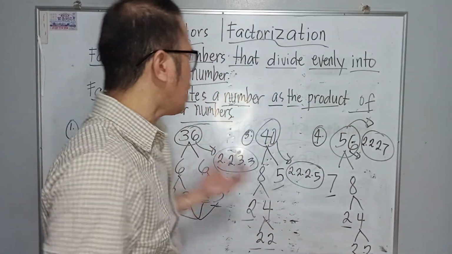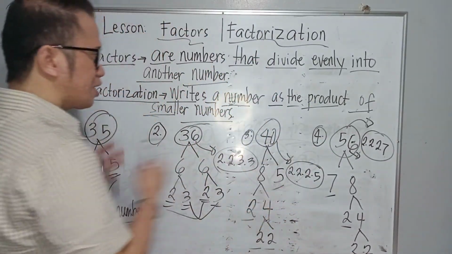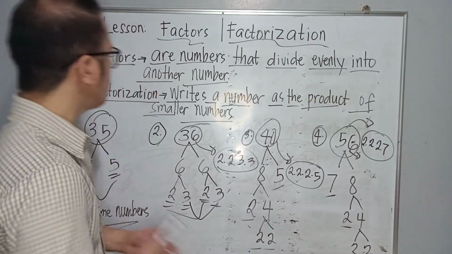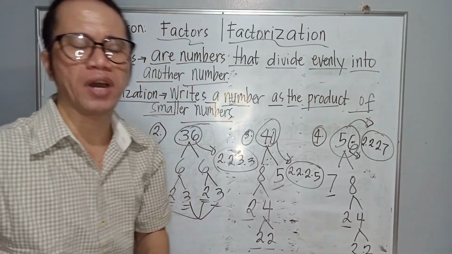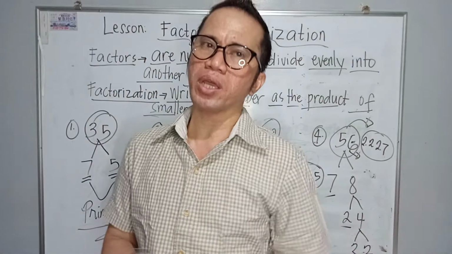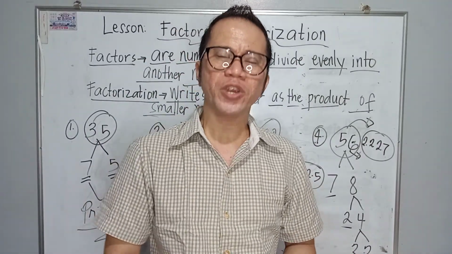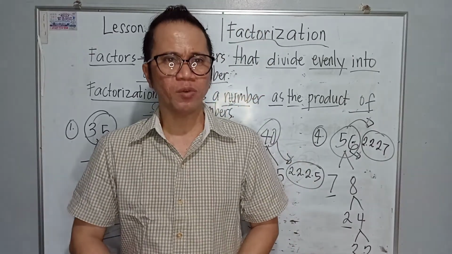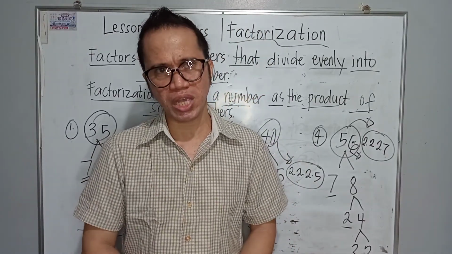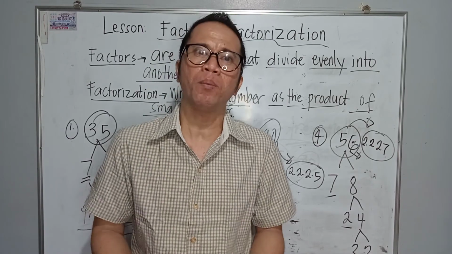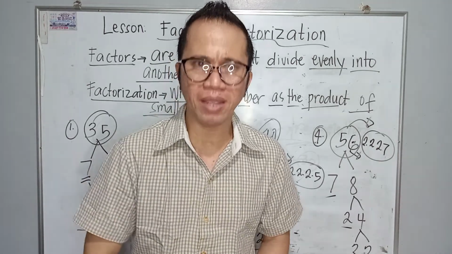These are examples of how to solve factors and the factorization process using the factor tree method. I hope, my dear viewers, you really understand our topic today, which is the factors and the factorization process, applying the factor tree method.